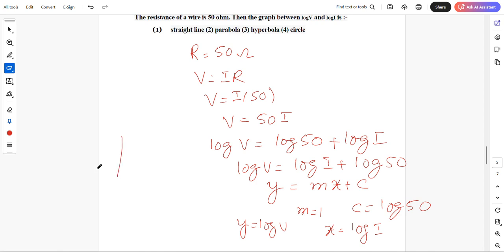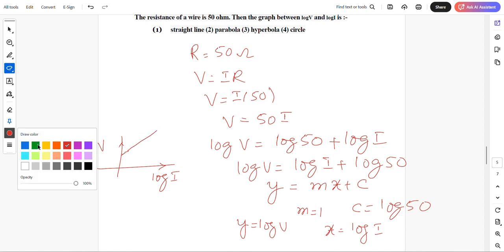Now I can draw a graph like this. On the y axis, log of V, and on the x axis, log of I. The y intercept is log of 50. The graph will be like this.